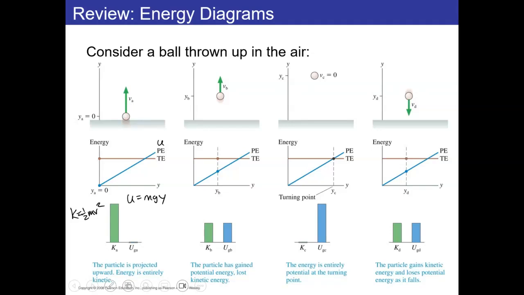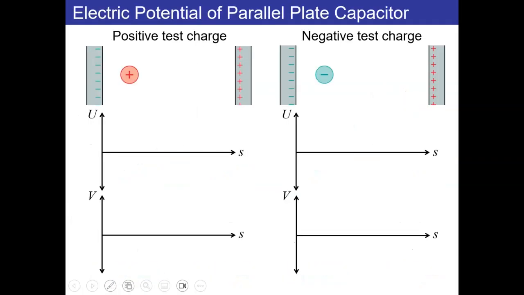Okay, so can we do something similar here for our electrical system? I think we can. We're going to do a sort of comparison. Let's start off here with a positive test charge in between the plates of our capacitor. Can you go ahead and sketch out what you think the potential energy function will look like as a function of position? Again, we're taking s equals 0 at the negative plate over here.